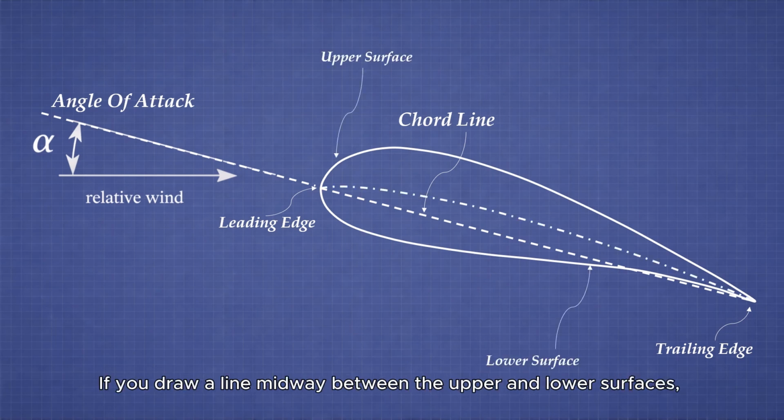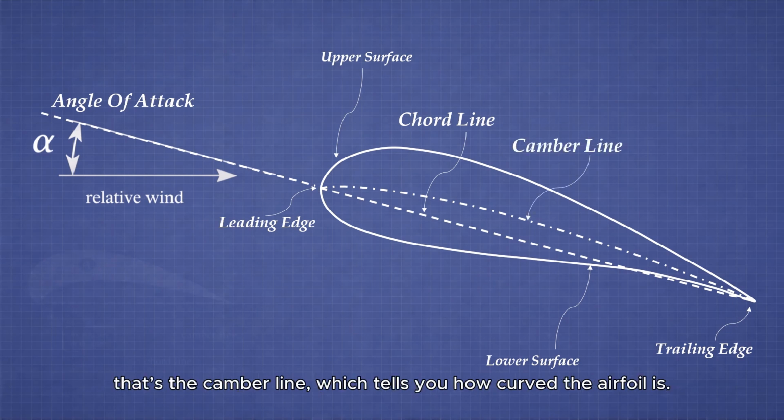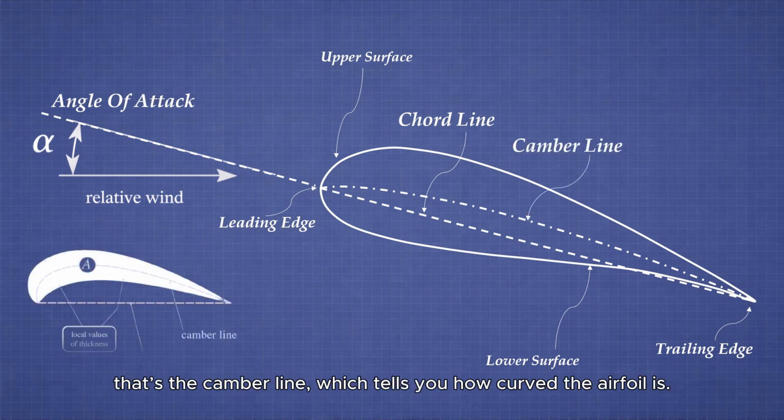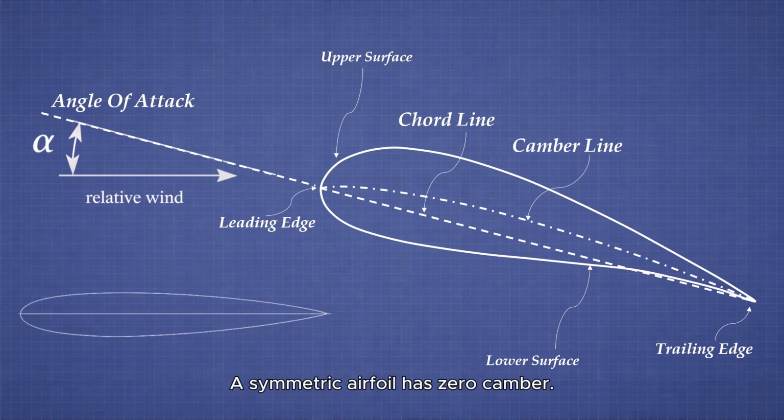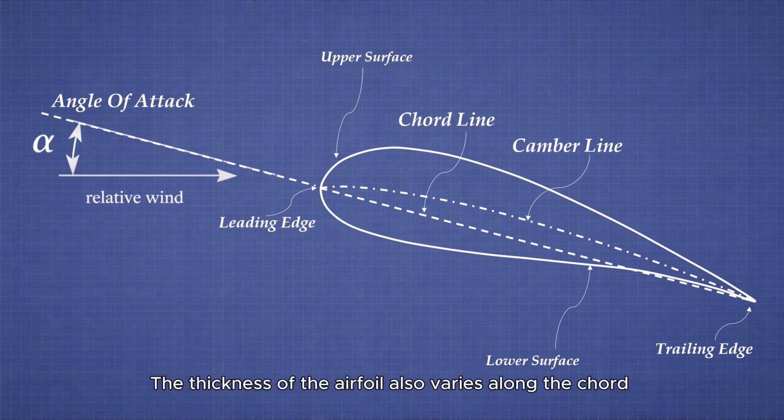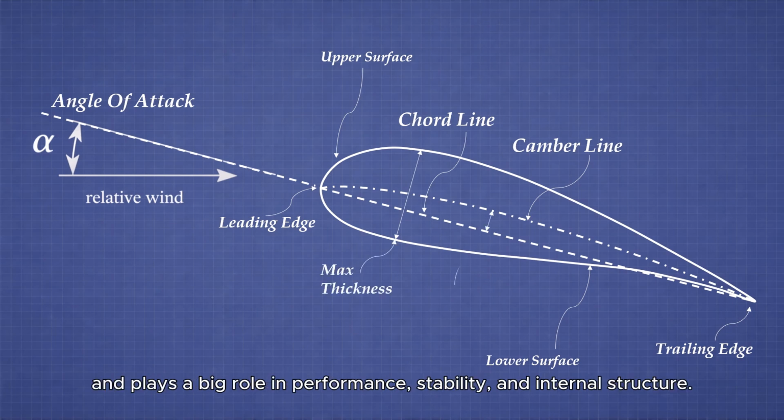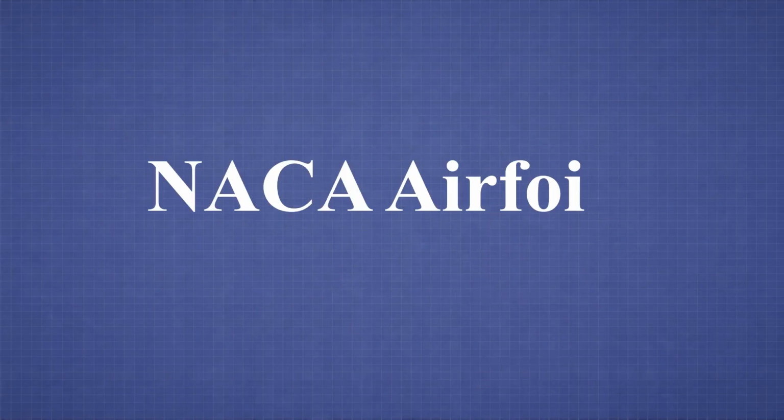If you draw a line midway between the upper and lower surfaces, that's the camber line, which tells you how curved the airfoil is. A symmetric airfoil has zero camber. The thickness of the airfoil also varies along the chord and plays a big role in performance, stability, and internal structure.